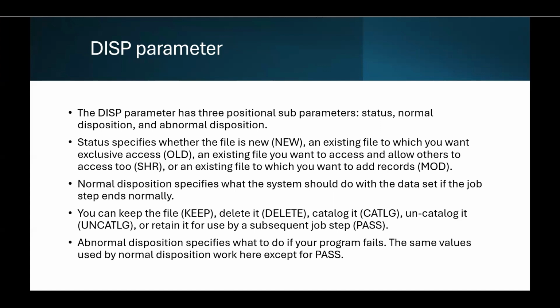If the file is already there, and you want access as well as want to allow others to access it too, then we need to provide SHR. That means we are sharing that particular file with other users as well. But in OLD, you are not sharing that file; it will be exclusively assigned to you only. And another one is the existing file where you want to add a record, which is modification.